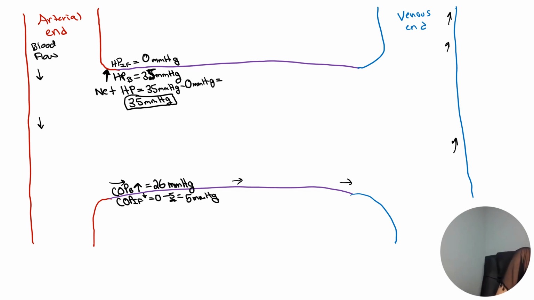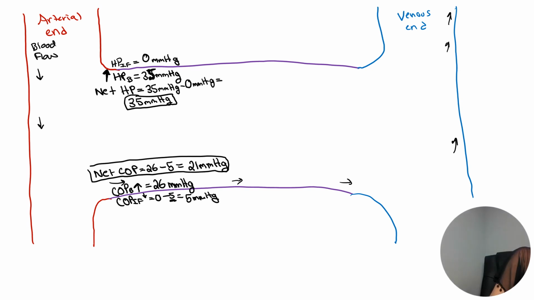So now we can calculate our net colloid osmotic pressure, or oncotic pressure, which is going to be equal to 26 minus 5, which is going to be 21 millimeters mercury.